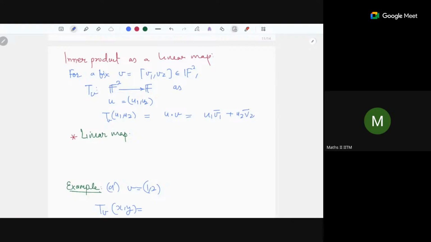Now, because u is the first argument, we have linearity in the first argument, so it becomes a linear map. For a linear map, what do we need to prove? We need to prove that TV of Z1 U1 plus Z2 U2 should be equal to Z1 TV U1 plus Z2 TV U2.